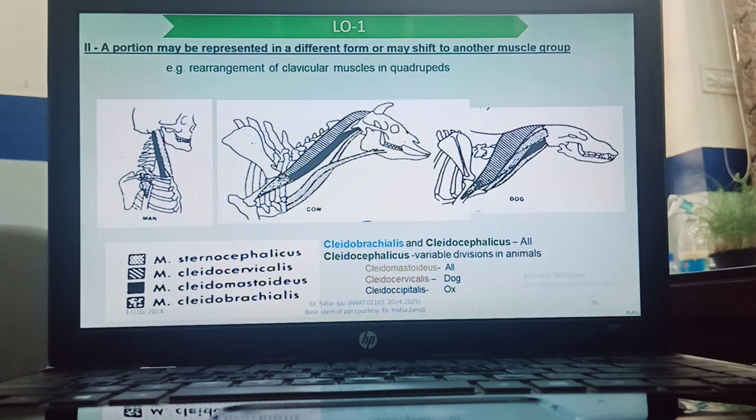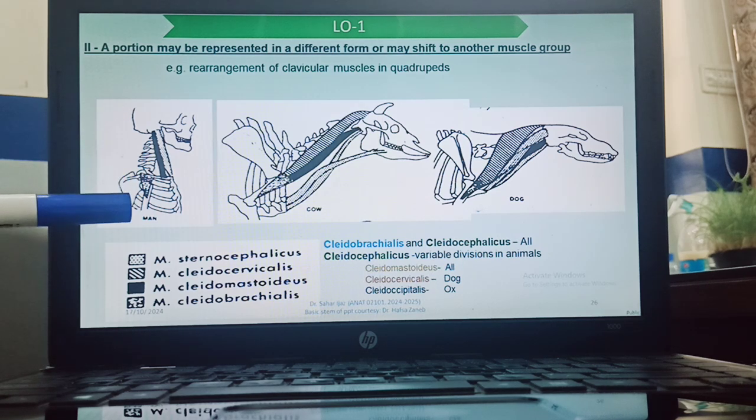One of the muscles here, which is beginning or attaching with the clavicle, is reaching the humerus. So this is kind of an intrinsic muscle, cleidobrachialis, it should be.